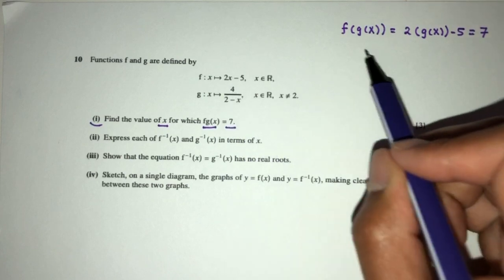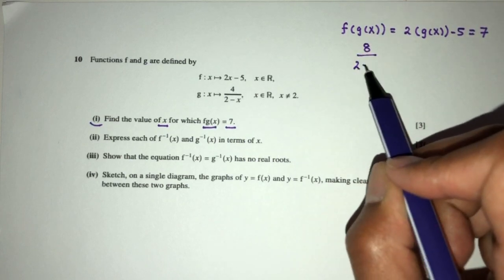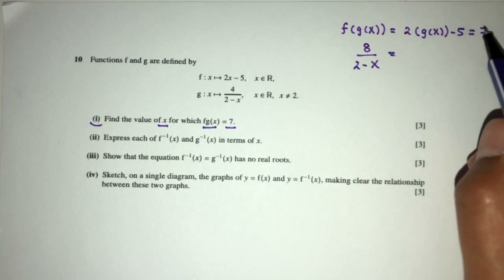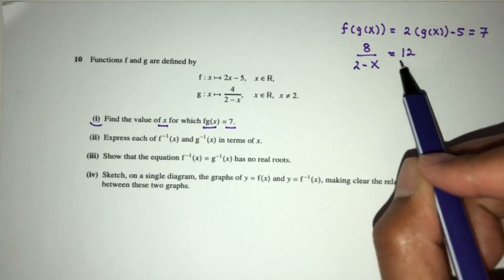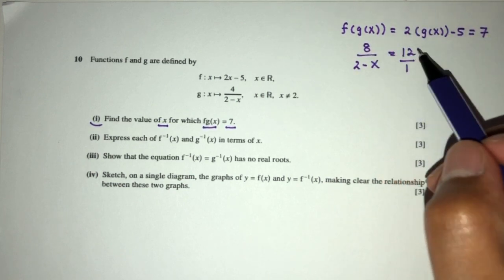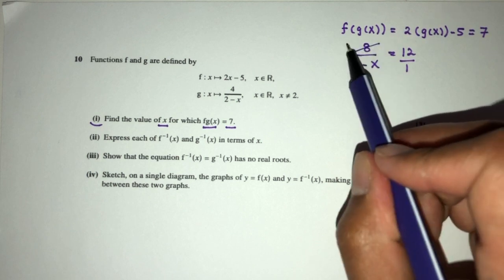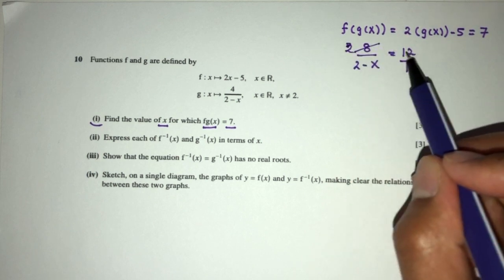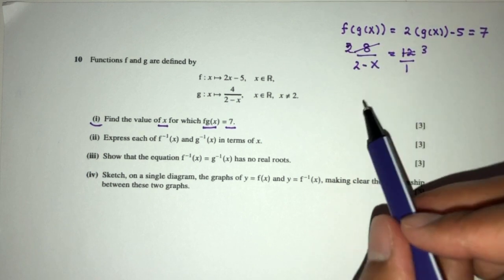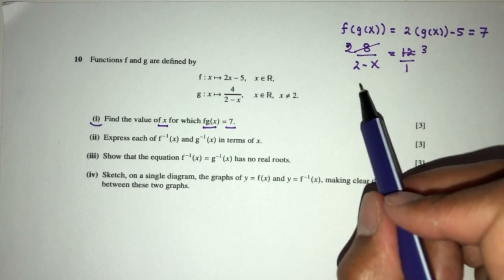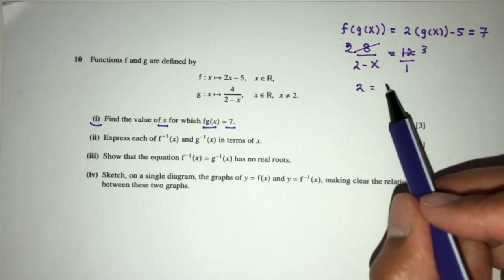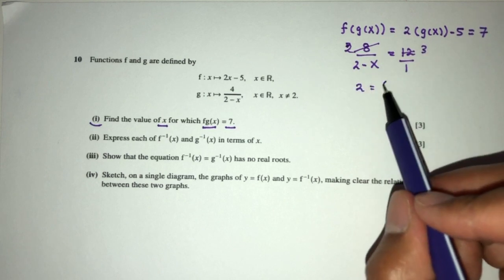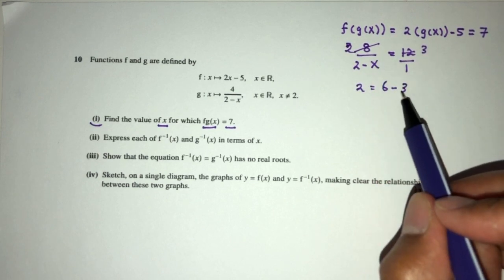That will be 2 times this, that will be 8 over 2 minus x. Send this over here, that will be 12. Then we can simplify, divide by 4 on both sides, that will be 2 over 2 minus x equals 3. Then we can cross multiply, and that will be 3 times 2 is 6, minus 3 times x.